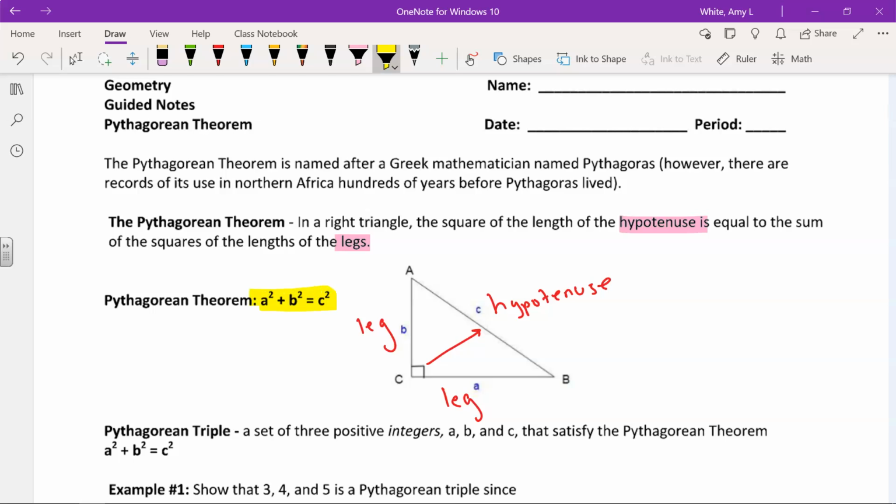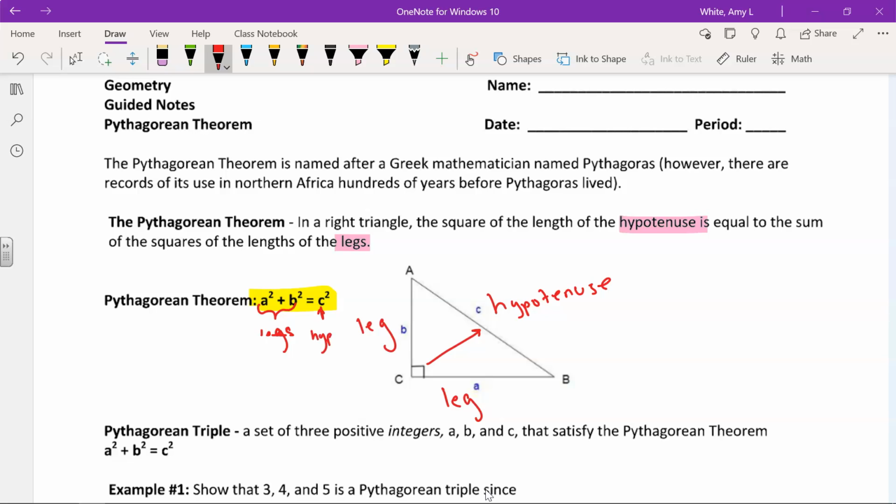A squared plus B squared equals C squared, where A and B are going to be the legs, and C is going to be the hypotenuse. So A and B would be our legs, and C would be our hypotenuse.